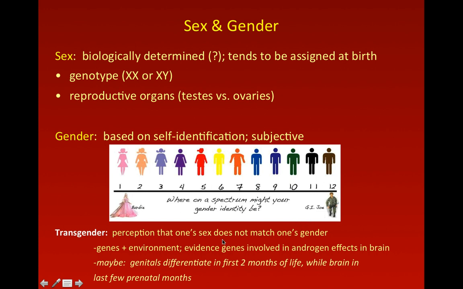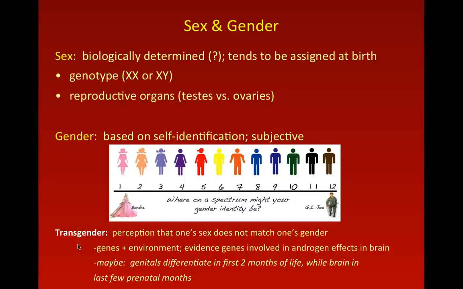There is some evidence from newer research that this is a combination of genes and the environment, that androgen effects in the brain are different depending on certain genes. So it may be that there are some organizational effects of androgens in the brain in transgender individuals, but this kind of research is really in its infancy, so we don't fully understand it.